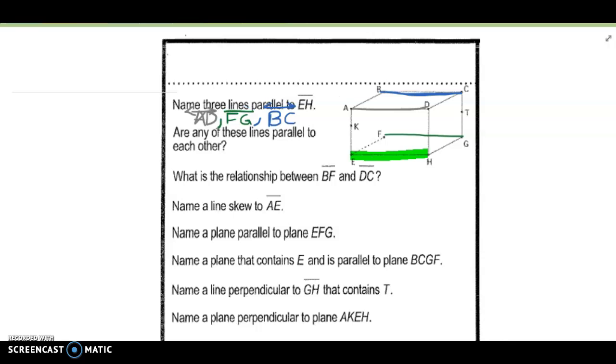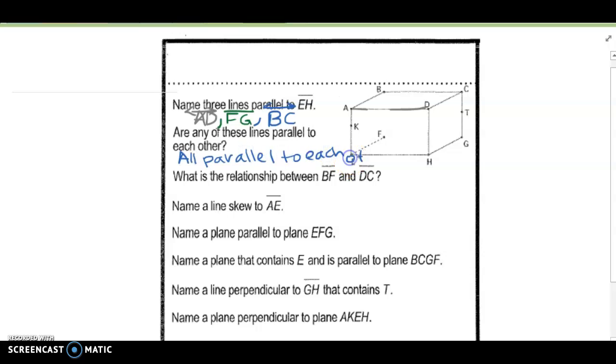All right, now let's look at number 2. So are any of these lines parallel to each other? Well, they're all parallel to each other. All right, let's look at this next question.